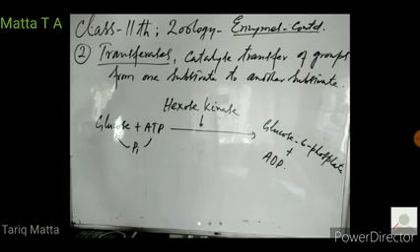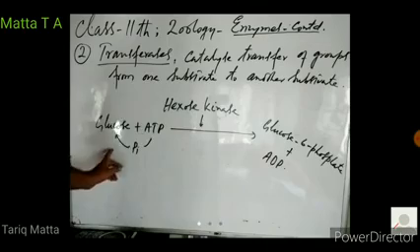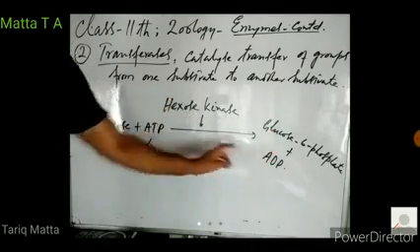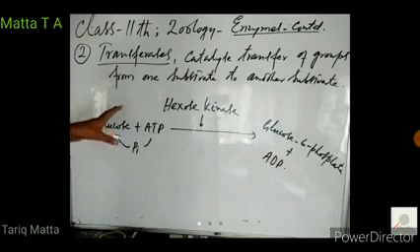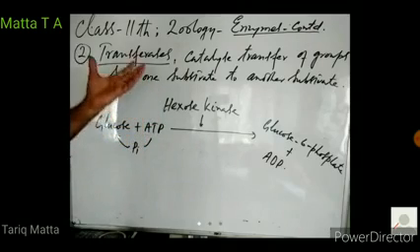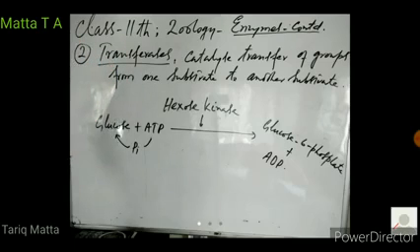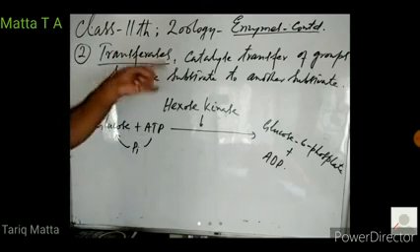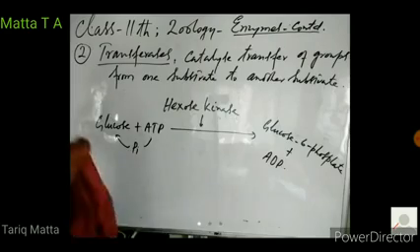It is involved in transfer of inorganic phosphate from ATP to glucose, so that glucose 6 phosphate is formed and ATP is converted into ADP, right? So these are the two examples of transferases. That is the second class of our enzymes.